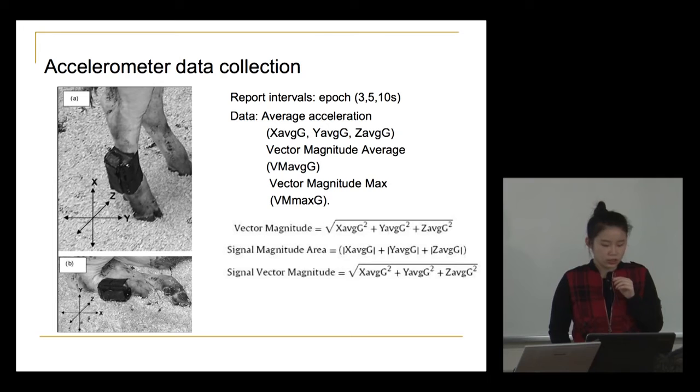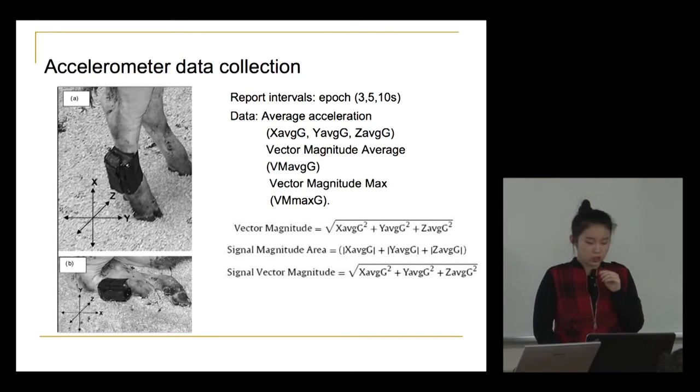The next part is accelerometer data collection. You can see in the picture that the accelerometer was placed in a waterproof case, which was tied on the leg.